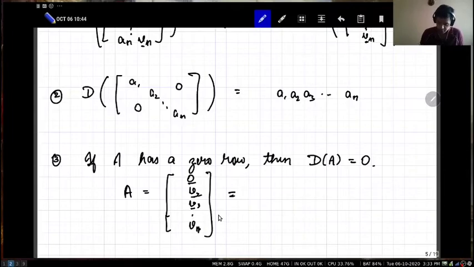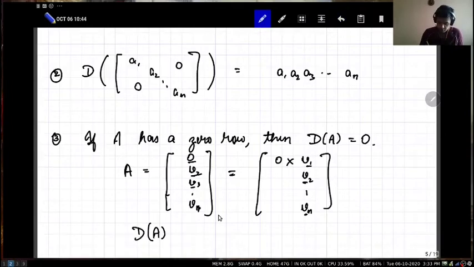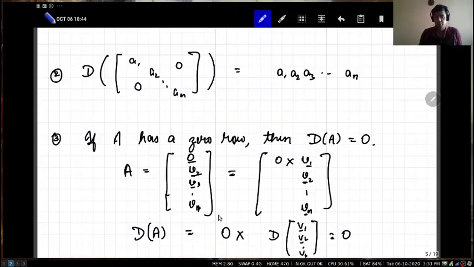Now this can be written as 0 times any row v1, with the other rows kept the same, v2 up to vn, right? And therefore D of A would be equal to 0 times D of v1, v2 up to vn, which is equal to 0 because 0 times any number is equal to 0.